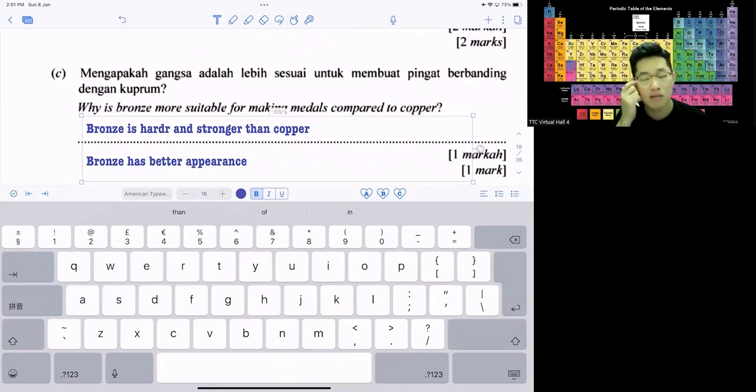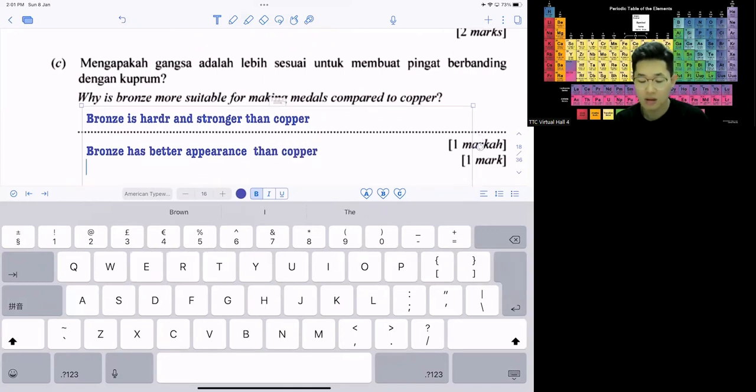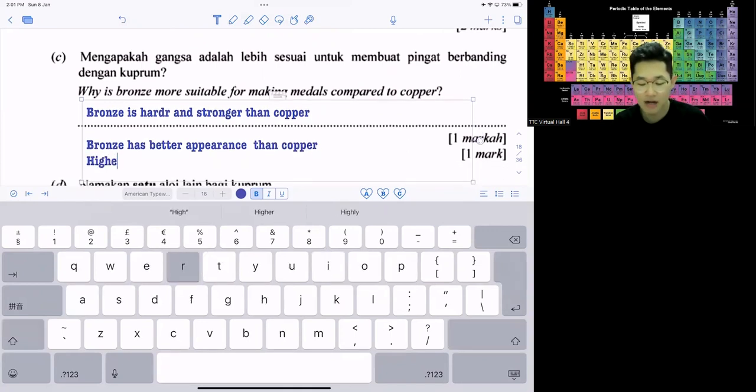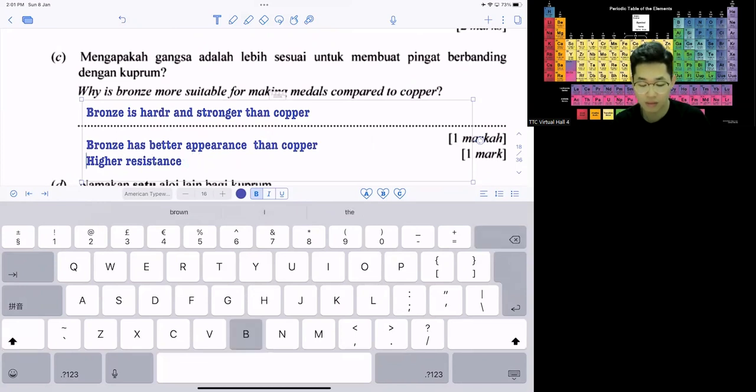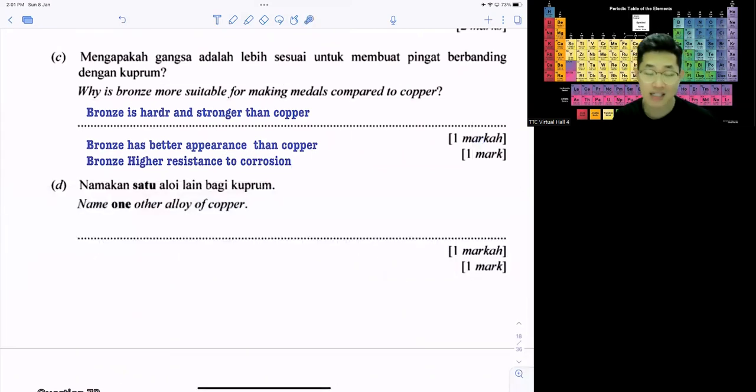Better appearance usually means it has a shiny surface, 它的表面是光滑很亮. I can also say it has higher resistance to corrosion. So that means it doesn't rust easily.